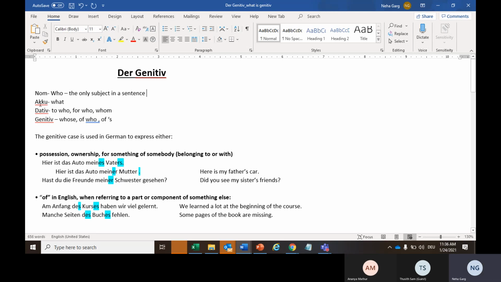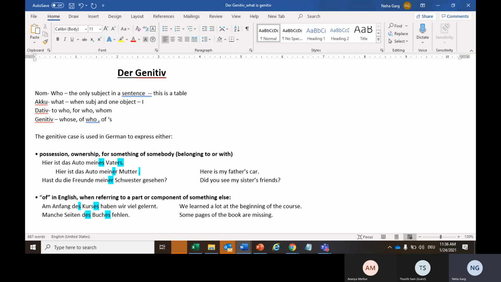Then we have accusative, the what case. When we have one subject and one object in a sentence, the subject becomes nominative and the object, the what case, is accusative. For nominative, this is a table. This table is nominative because we have just one subject only here.